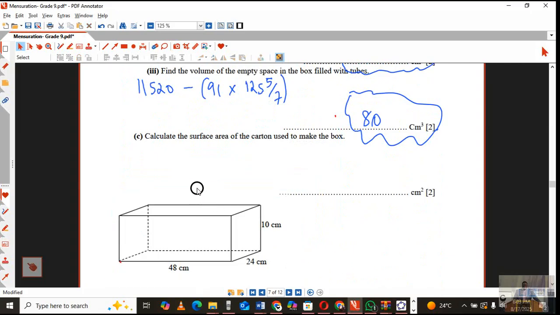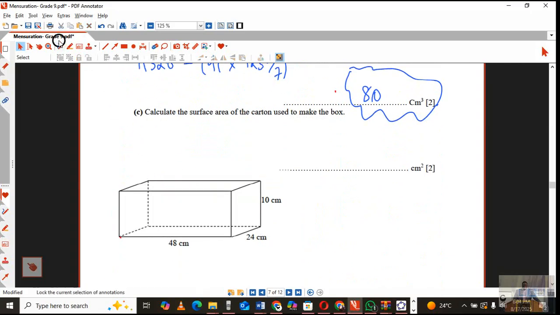So you're going to have two rectangles. There are many other formulas, but for grade 9 level, I'm just going to go old school. You have two rectangles that you have to consider. You have the total surface area.